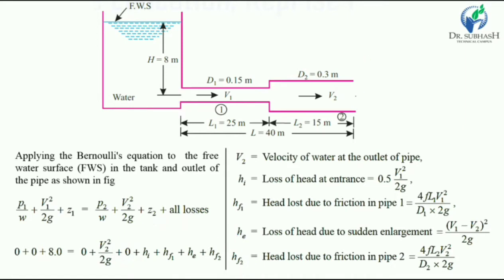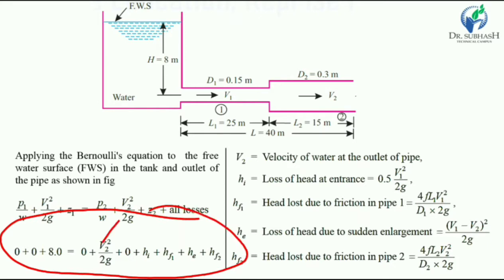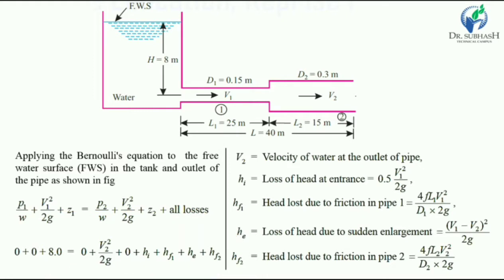Now from that equation we find the velocity V2, but we have to find all the head losses. So first, loss of head at the entrance or inlet: the equation is 0.5 V1 square upon 2g, we know that.